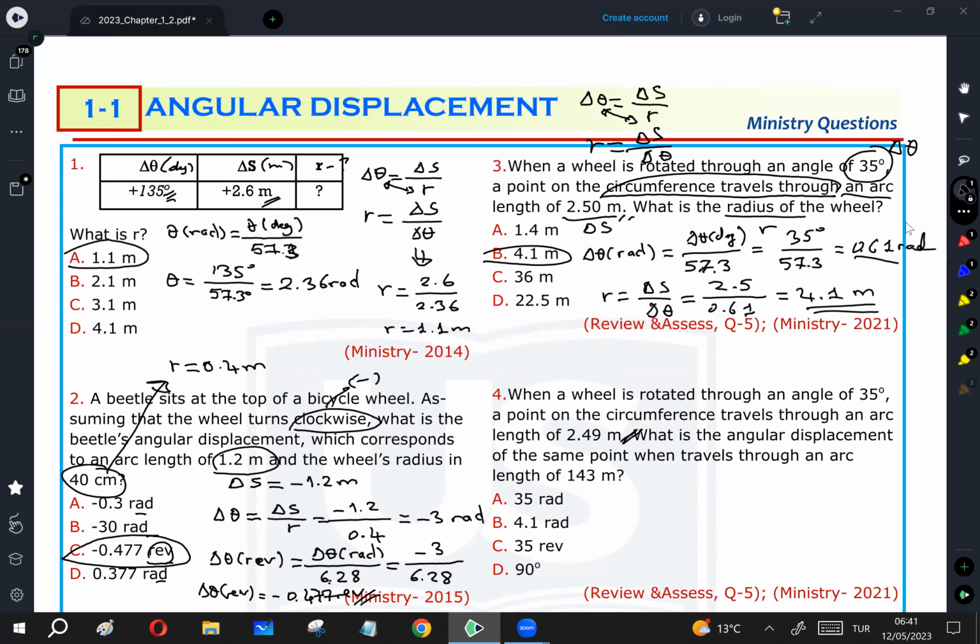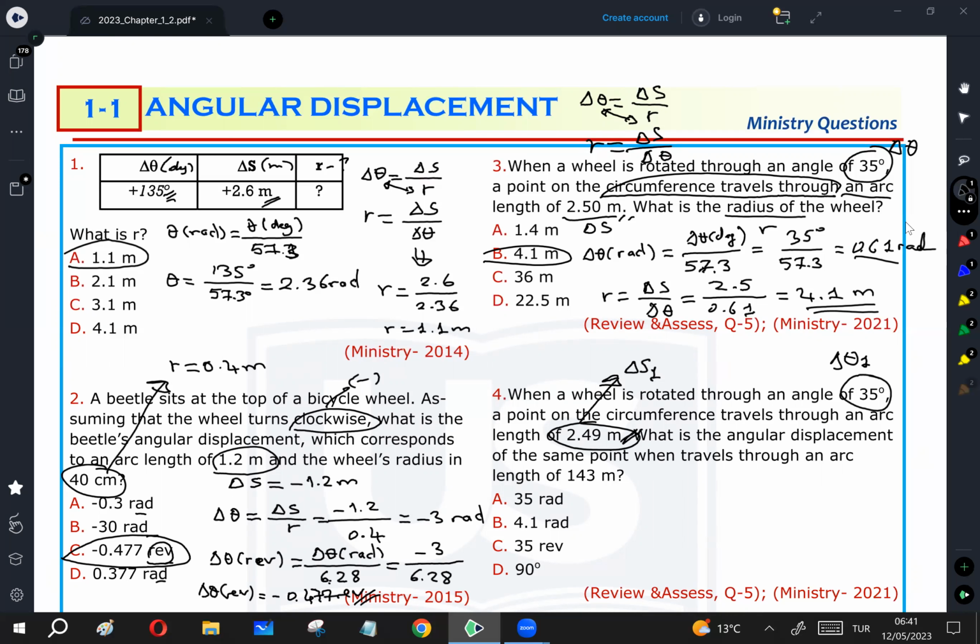What is the angular displacement of the same point when it travels through an arc length of 143 meters? So there are in fact two arc lengths given. One arc length is 2.49 meters, which is delta S1, and this delta S1 corresponds to an angular displacement delta theta 1.